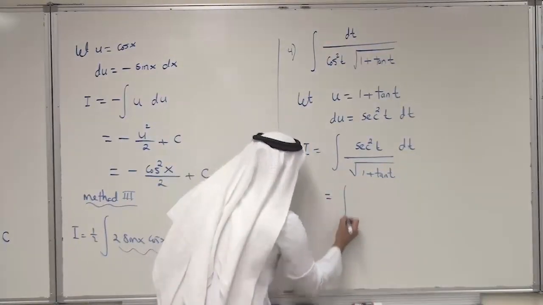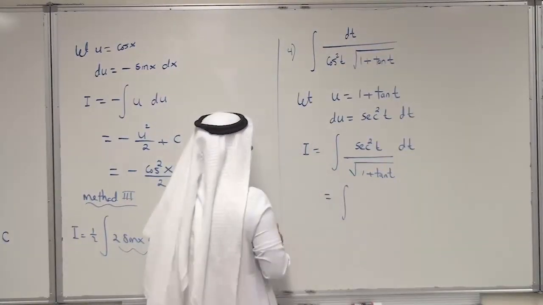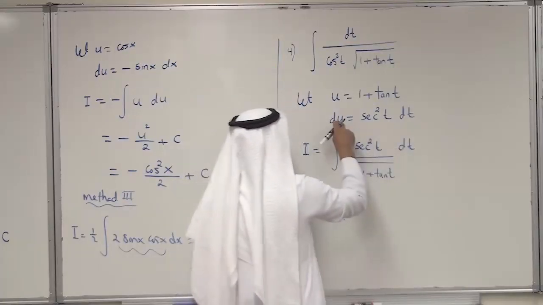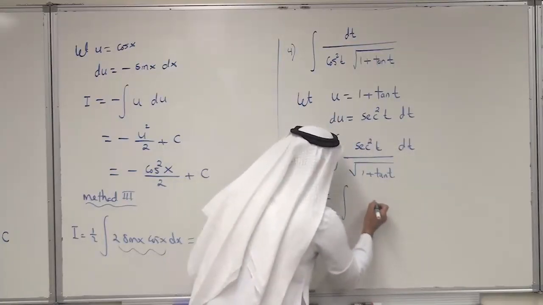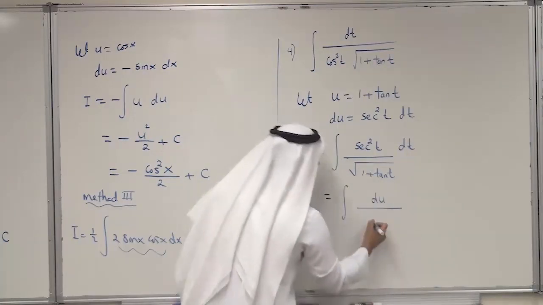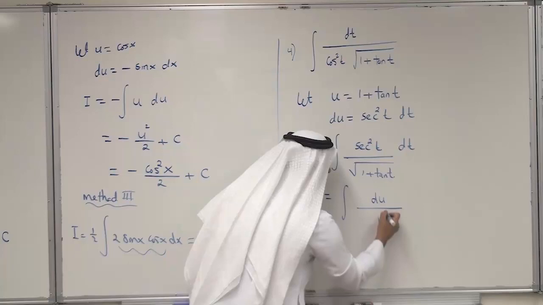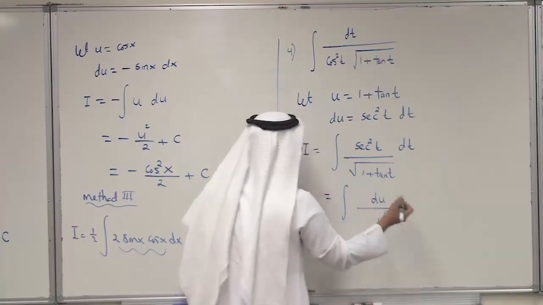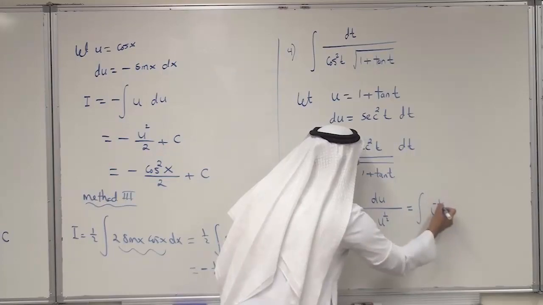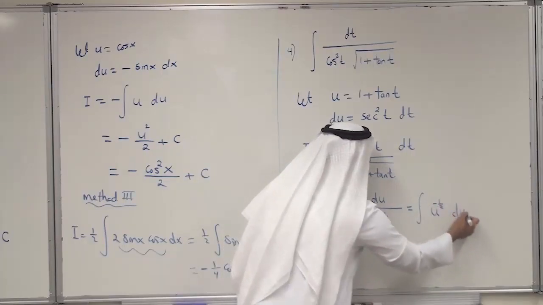Now I make the substitution. Secant squared t dt is du. So it is just du divided by the square root of u, or u to the power 1/2. In other words, it is u to the power minus 1/2 times du.